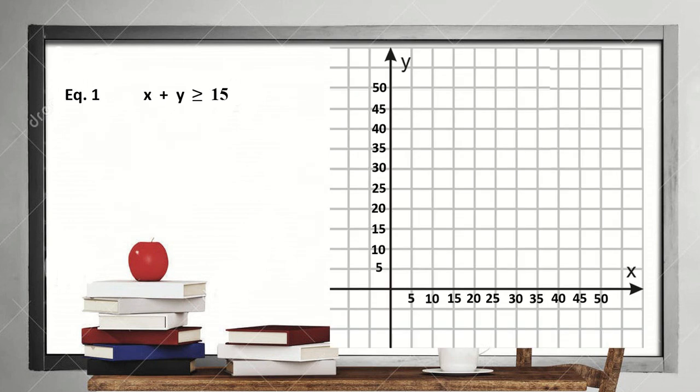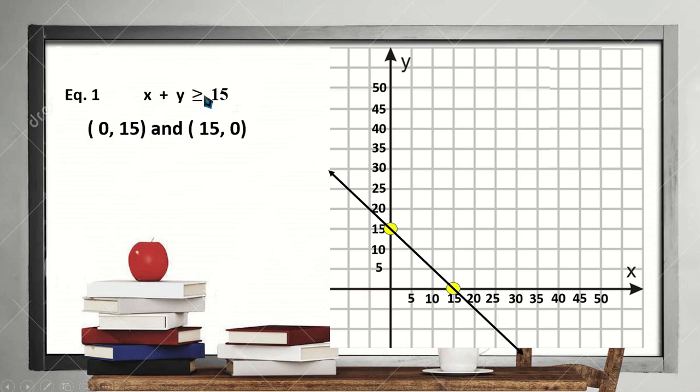So, mag-graph naman tayo. For equation 1, we have 0 and 15. So, ito siya. And then 15 and 0. And then for the line, so ito yung graph niya. So, ang ginamit natin ay straight line. Bakit?